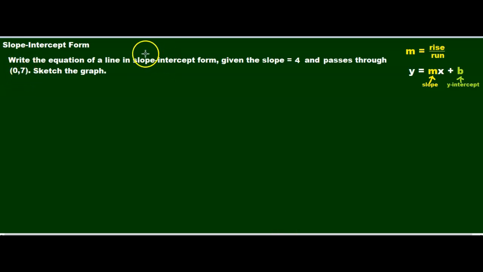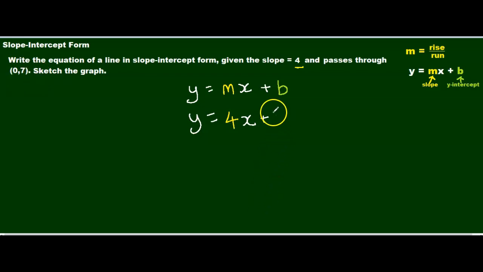So we can still write it as y equals mx plus b. In this case, our y equals, now our slope is 4. So our m now became 4x. And this is our y-intercept. That's the y-coordinate because it didn't move any spots over our x-axis. So it just went up 7 units. So our b is actually 7.